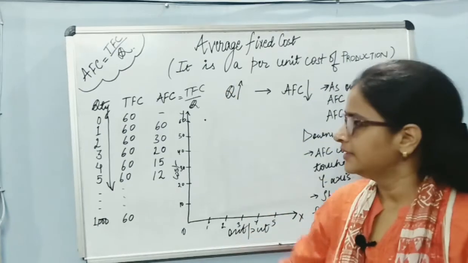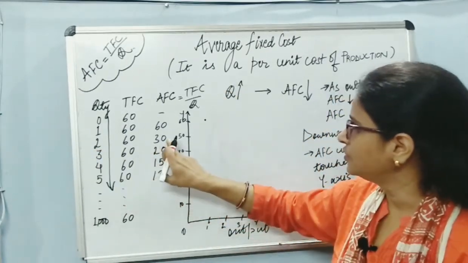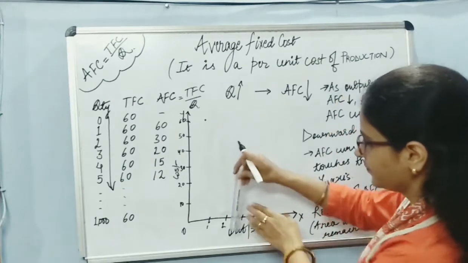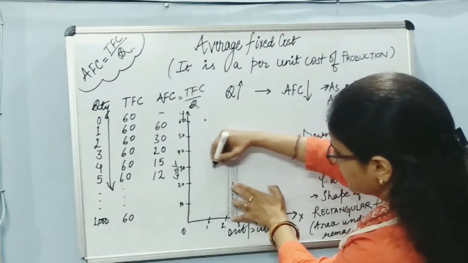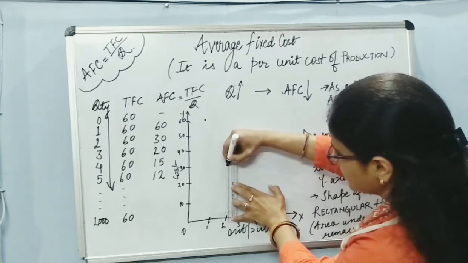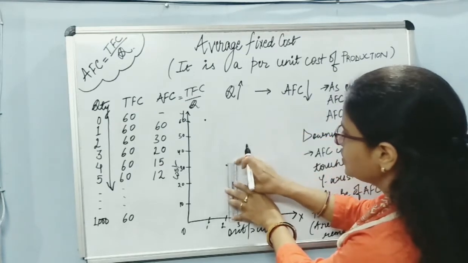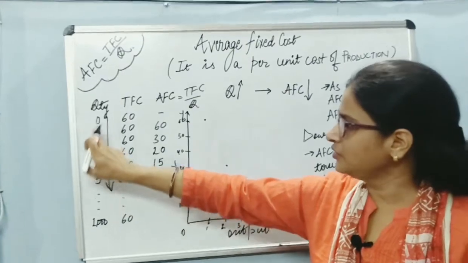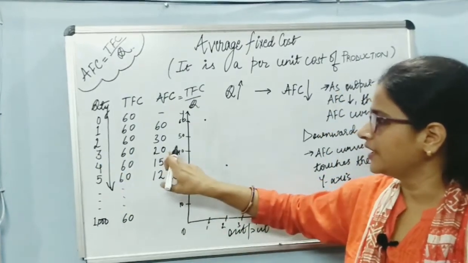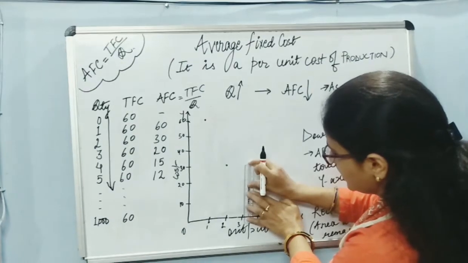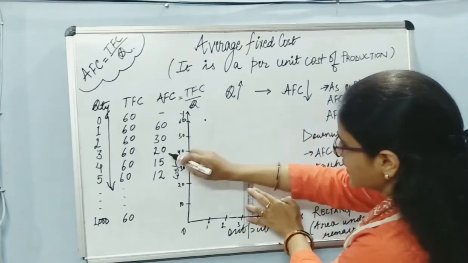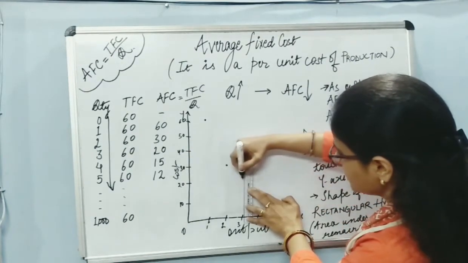Alright. Then on 2 output, your AFC is 30, so you put a point here. When your output is 3, your AFC is 20. Here.